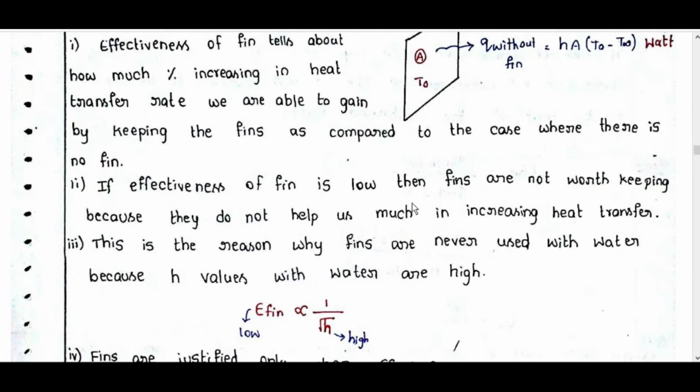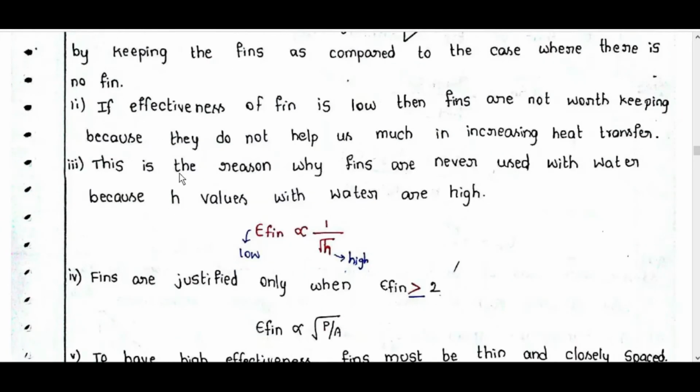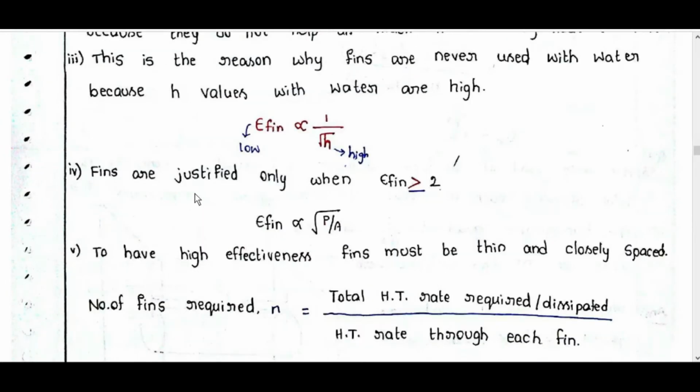If effectiveness of fin is low, then fins are not worth keeping because they do not help us much in increasing heat transfer. This is the reason why fins are never used with water, because h values with water are very high. Epsilon fin is inversely proportional to root h, so epsilon fin is low. Fins are justified only when epsilon fin is greater than or equal to 2.